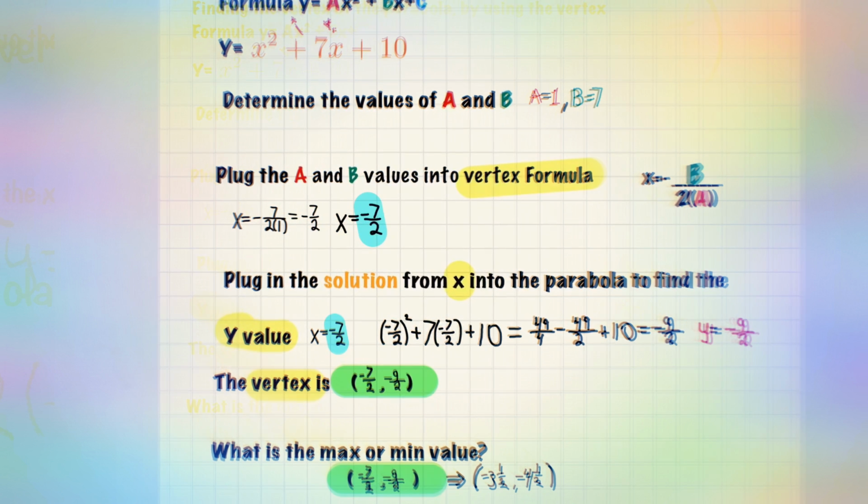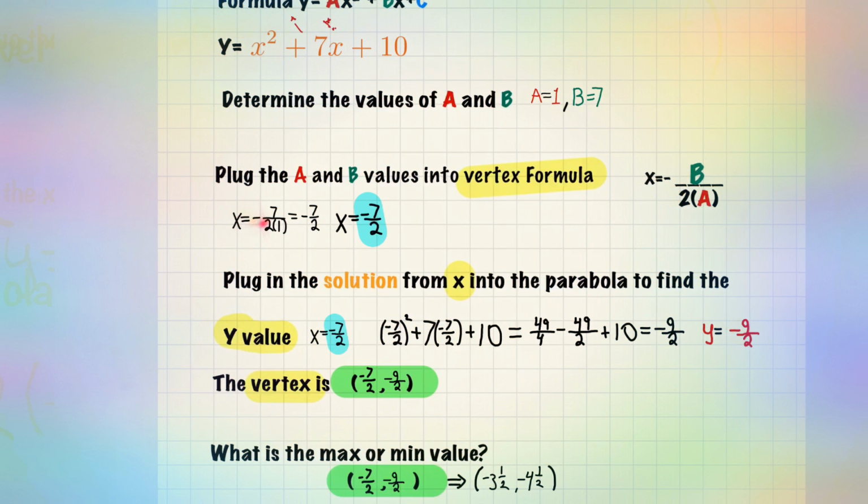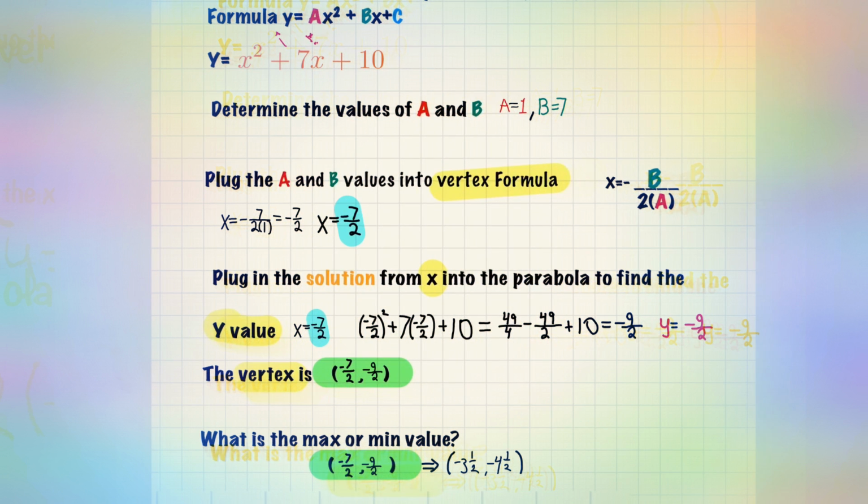Okay, so we're finding our x value. So we have x equals negative 7 divided by 2 times a, which is right here, or 1. And so we get x equals negative 7/2. Again, now we take that value, negative 7/2, and we plug it in.